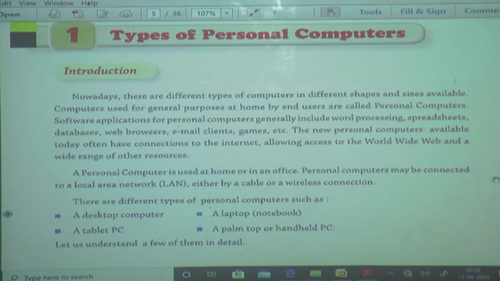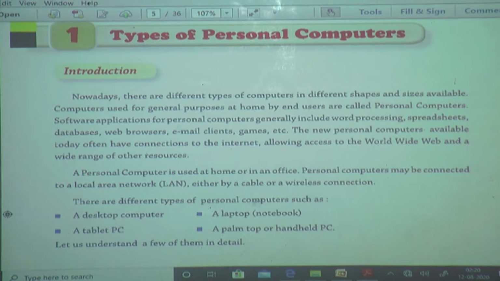A personal computer may or may not be connected to a LAN. If they are connected with each other using LAN, it is either by a cable or a wireless network.